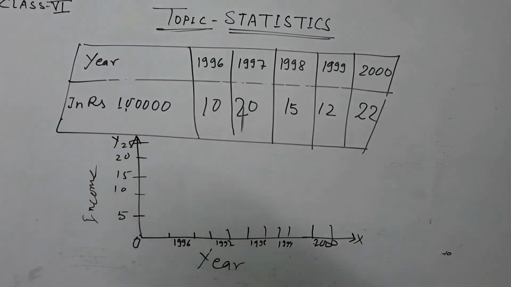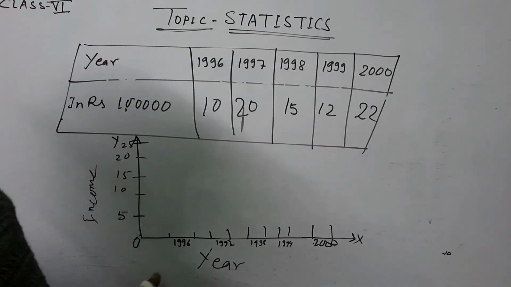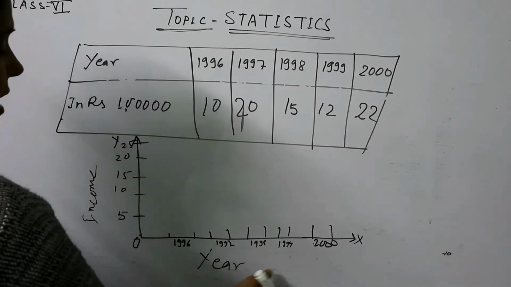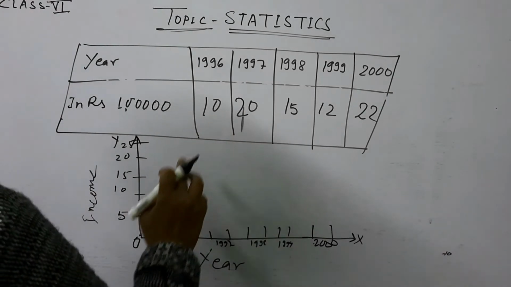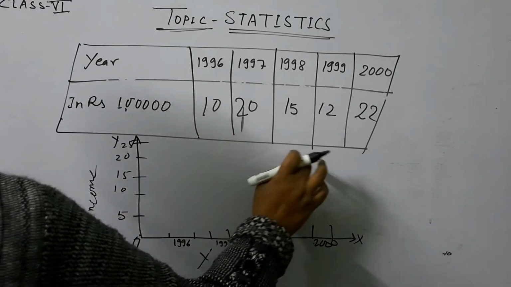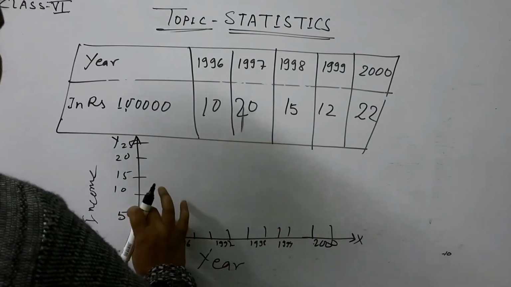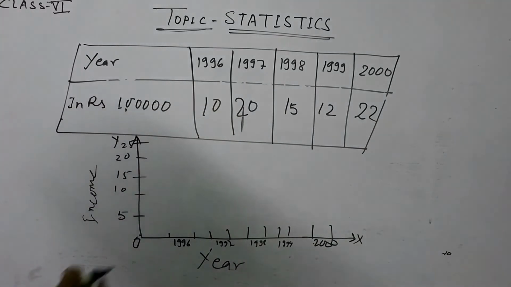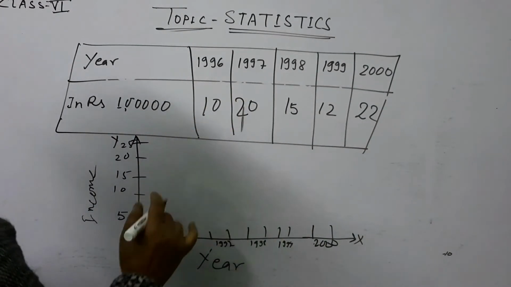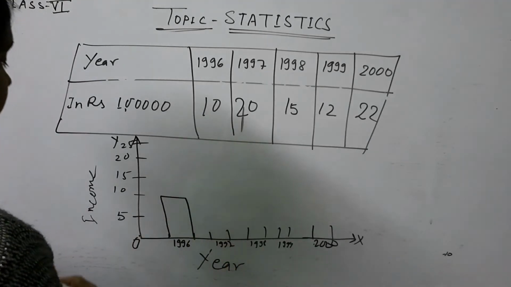This is the way. The y-axis is the yearly income and the x-axis is the year. One box is equal to one scale, one box is equal to 5 lakhs. Now see, in 1996 it is 10, so we will draw a line like that.